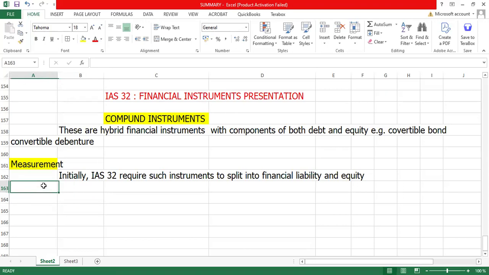Okay, initially, let me also highlight on this.